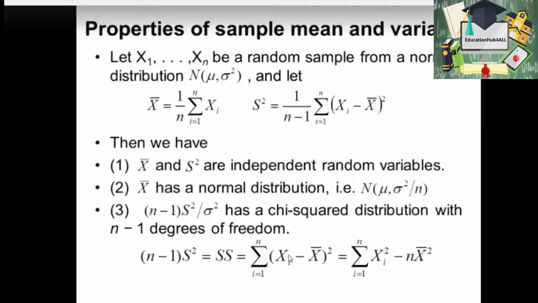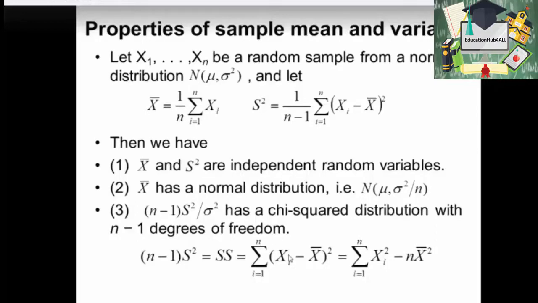Sigma square is always positive, of course. So as an estimate, do we wish the variance to be big, or do we wish it to be small? Small. Yeah. Why do we want it small?